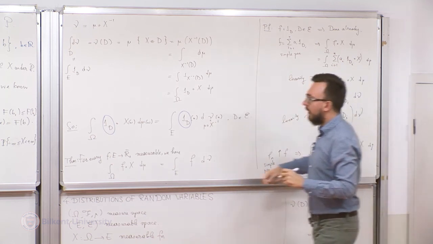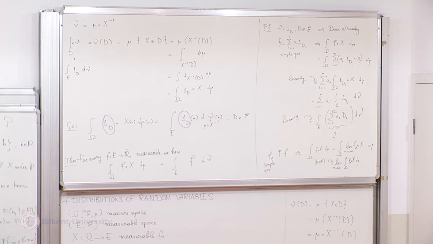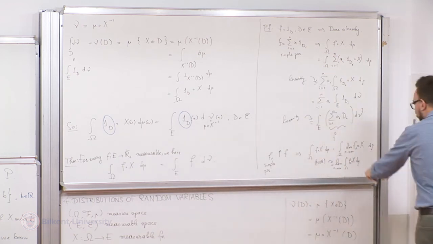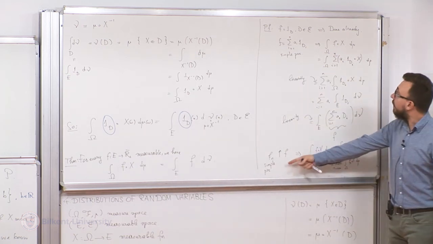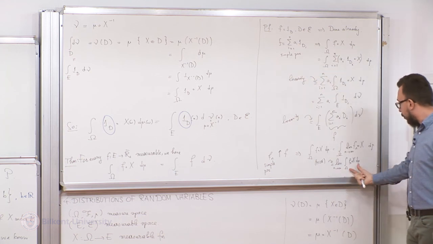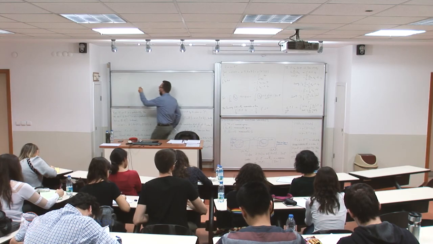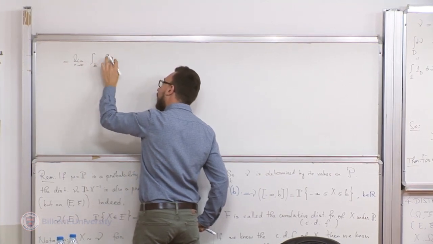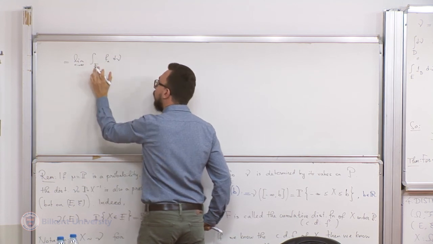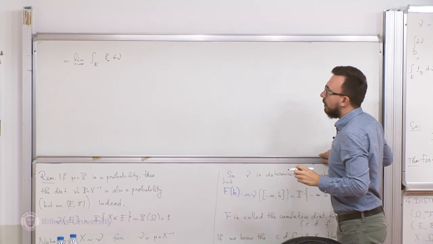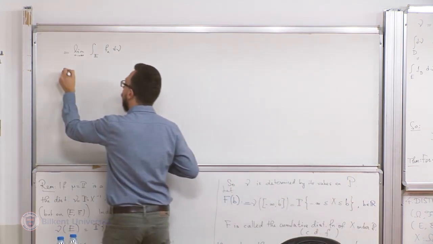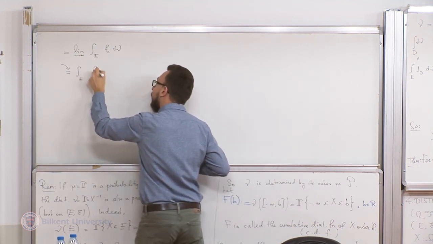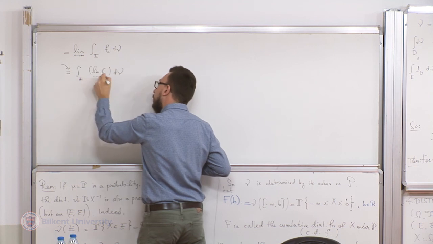I'm out of space, so let me continue here. Now this is the integral of f_n of X, where f_n is a simple function, so we can use the previous step to replace it by the integral of f_n with respect to d nu on E. What follows then is that we have the limit of the f_n's d nu, which is just f.